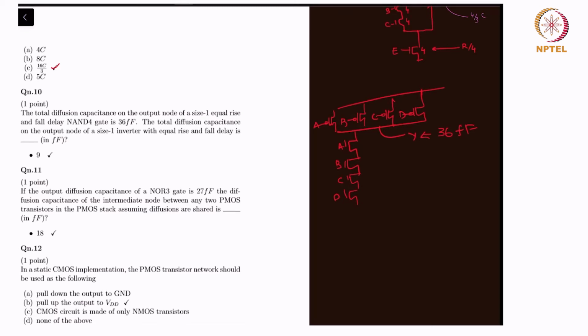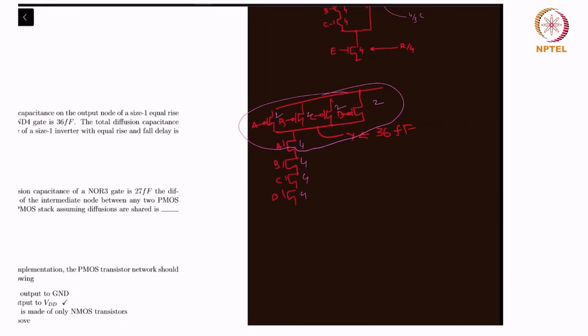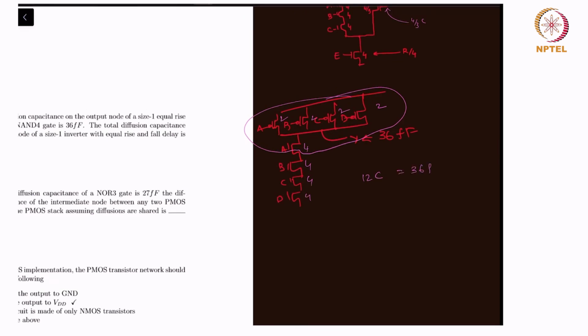Now we are asked to find out what the diffusion capacitance on the output node of a size 1 inverter with equal rise and fall delay is. Remember, this says size 1 NAND 4 gate, so all the sizes here will be unit sized. So for unit size NAND 4 gate, it's 4, 4, 4, 4, 2, 2, 2, 2. So the total cap here is going to be 12C. 12C is equal to 36 femtofarad.